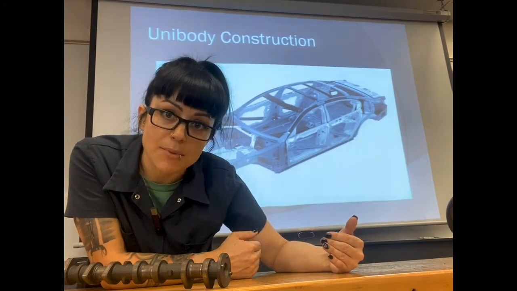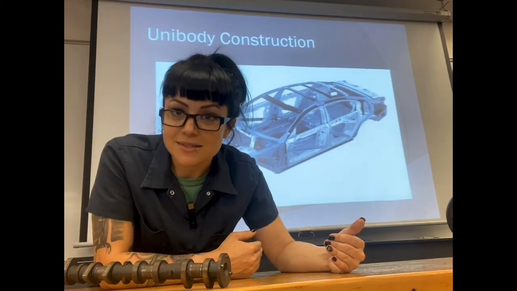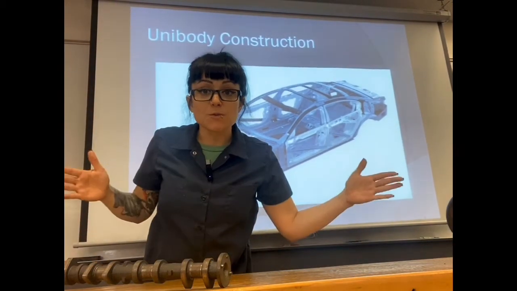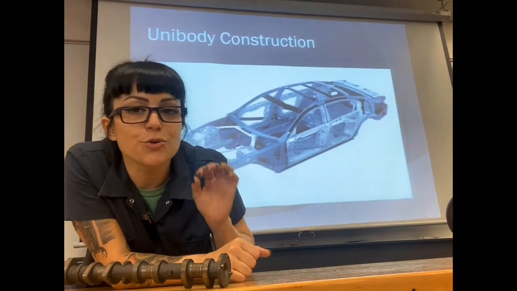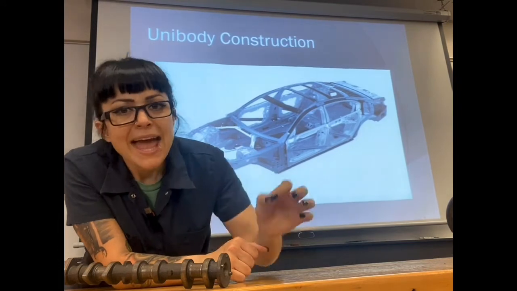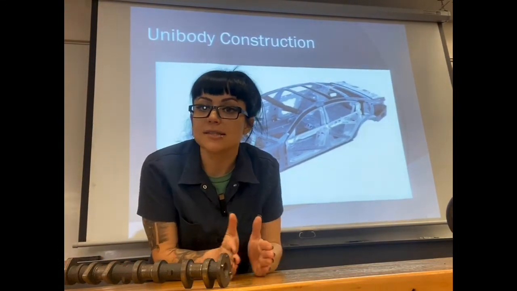Here's the problem: you would, because your body is not meant to go from a high speed to a stop really quickly. Your internal organs do not like it. And so for that reason, we need to slow that process down.